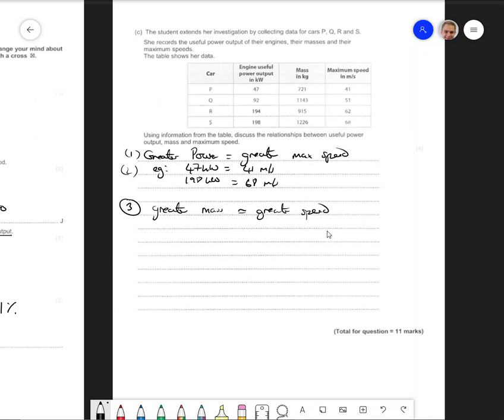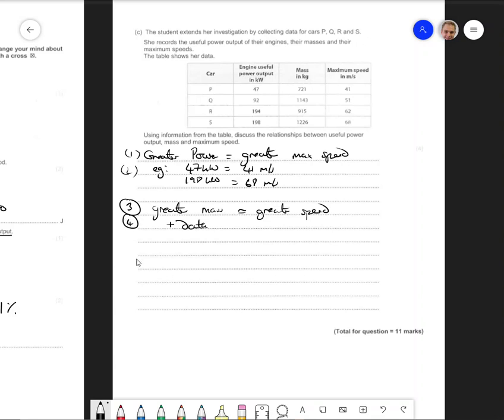Again, you can reference the table. You could reference that there is an anomaly, so that's fine. Then some form of data similar to this, so you could say 721 kilograms, 41, and so on, doesn't matter.